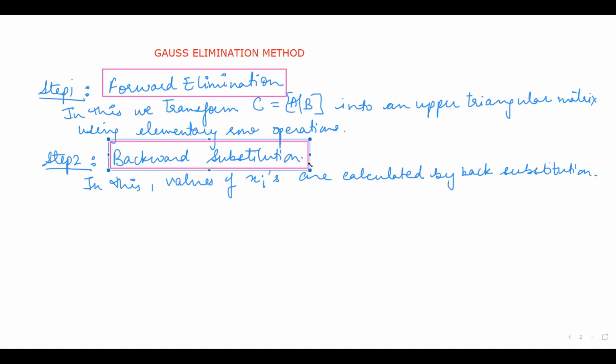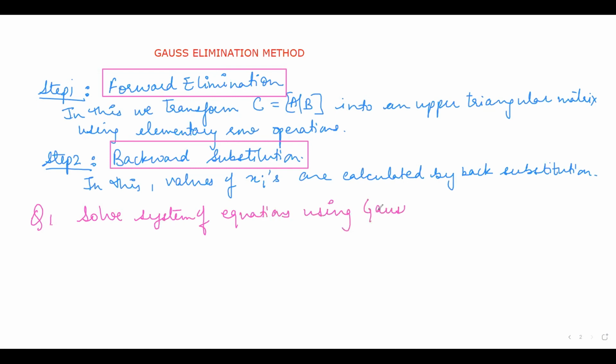So let me take one example. I'll take a question here. You need to solve using the Gauss elimination method. So solve the system of equations using the Gauss elimination method.